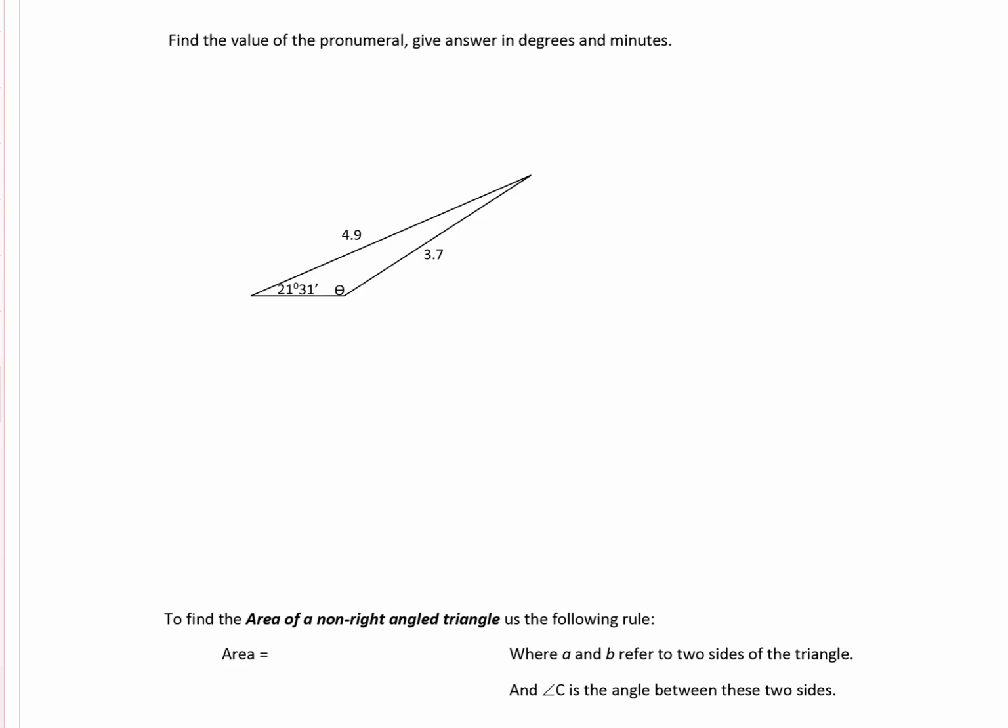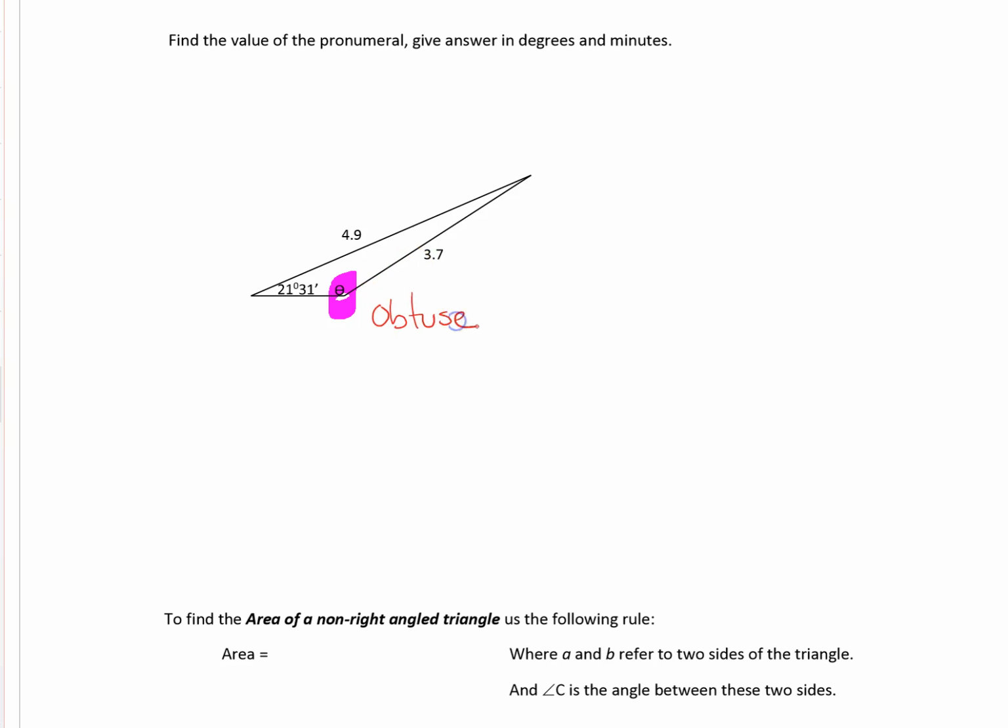In this next example, again, note that we've got a non-right angle triangle, and an additional thing that you really need to note is that this theta is obtuse.